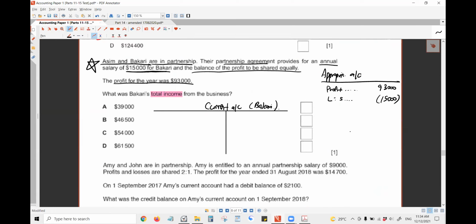There's no interest on capital here. There's also no interest on drawing here, so just ignore them. Then you arrive at residual profit. Residual profit is 78,000.